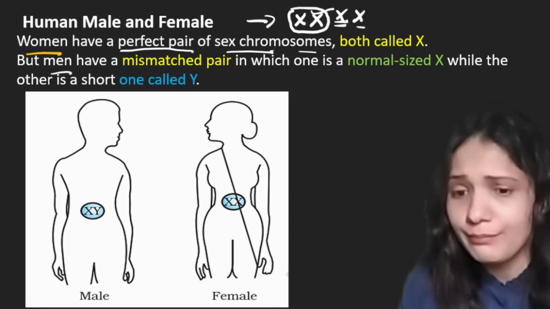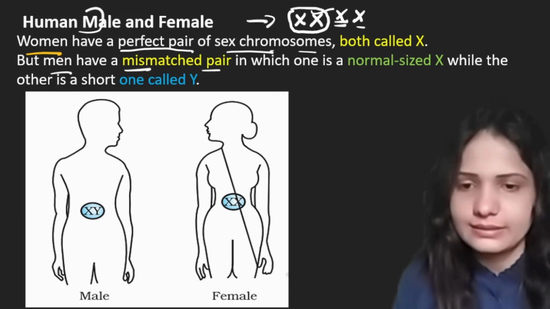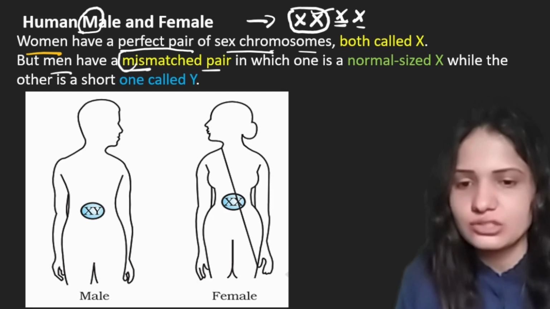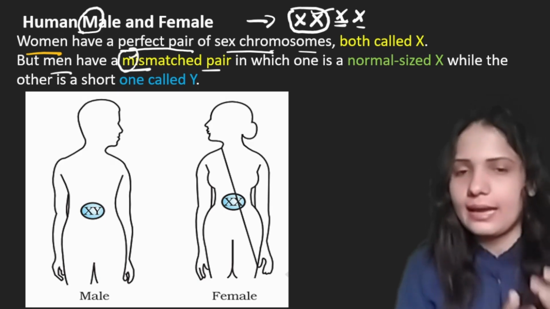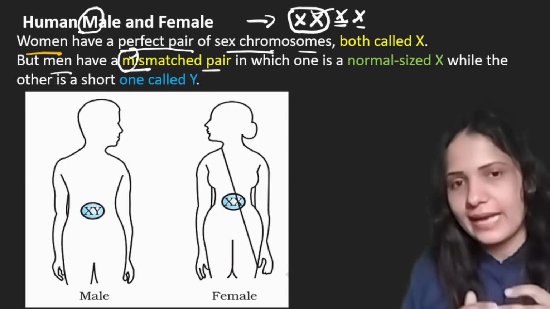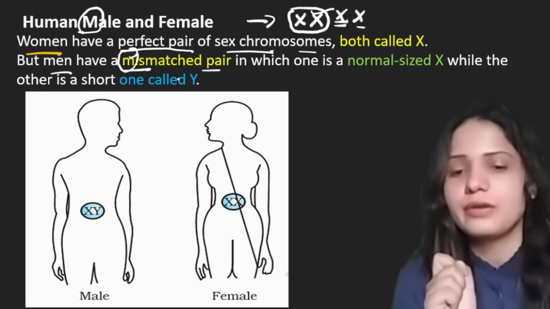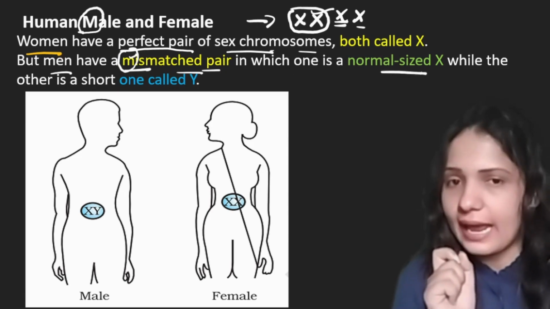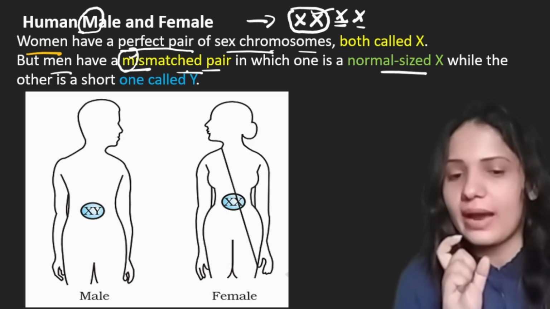Now in case of men, we have a mismatched pair. This you can remember by a trick. In case of male, we have M, and in case of mismatched pair also we have M. So M for male and M for mismatch. So in male we have a mismatched pair. And why mismatched pair? Because in case of man we have a normal size X chromosome and the other is a short Y chromosome.